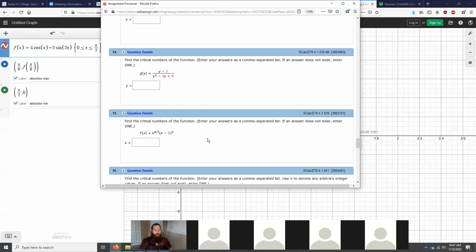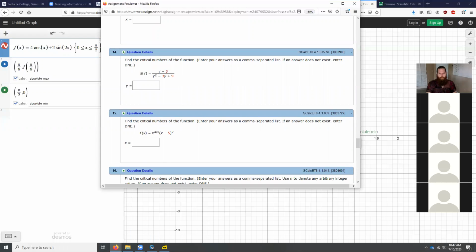This is kind of a weird product rule. Any strong feelings one way or the other? Well, let's try 14 then. All right. Which one do you think is better? You know, I don't have a preference between them. So let's take a look at 14.